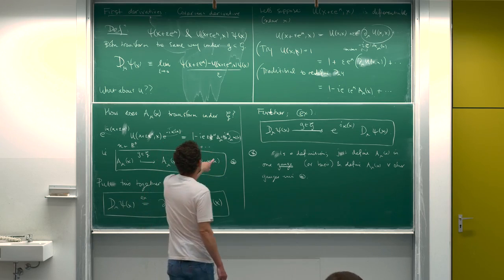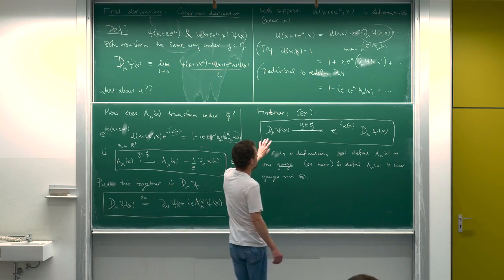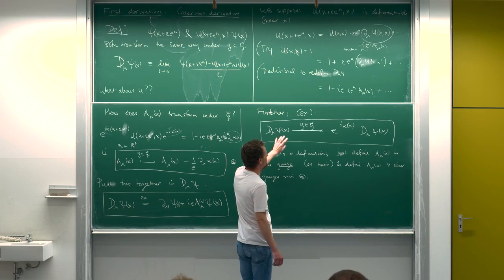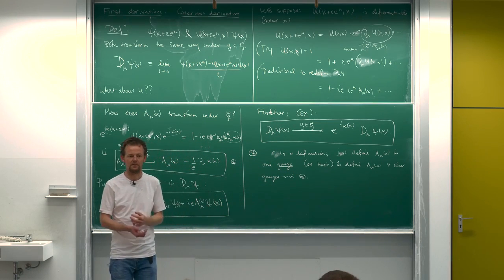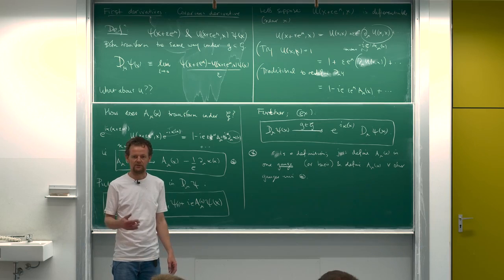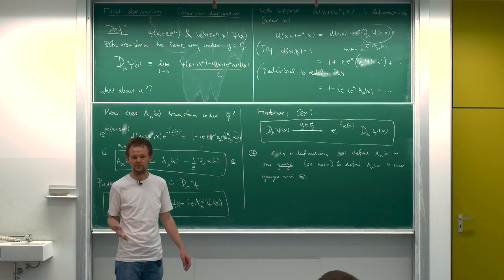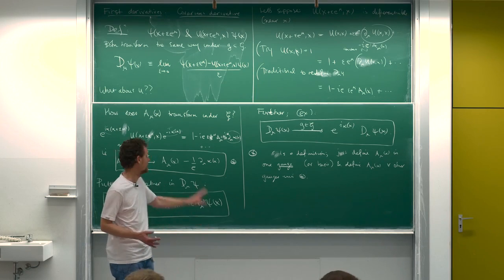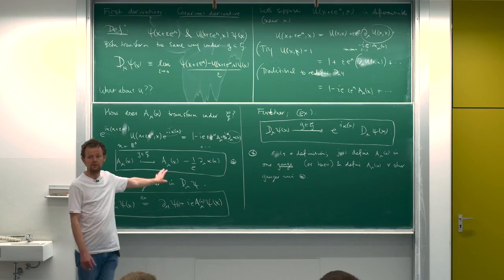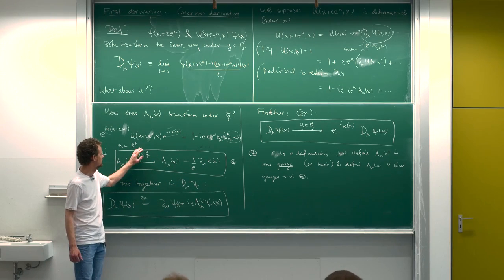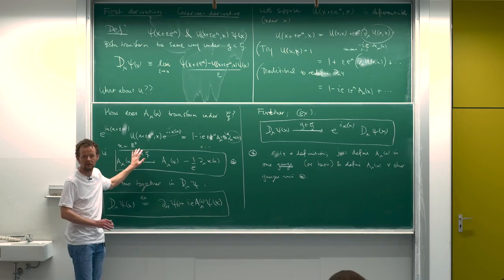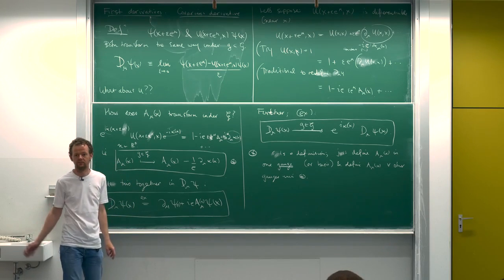Instead of just having a parallel transporter given to us by clever mathematicians, let's try and think how we would build a parallel transporter. And this is how we would build one. We would build one by first finding an A mu of x, just one assignment of A mu of x for all x.